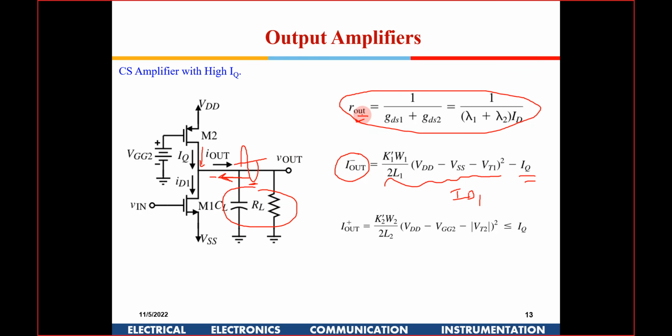It has to be close to, less than RL. So that's why I fix ID. ID is nothing but IQ. Once that gets fixed, this is the maximum for this condition where maximum current flows out here. I will apply VDD here, right? That will be the condition. So this voltage will be VDD minus VSS minus VT1 square. So is this equation clear to all of you? These first two equations.